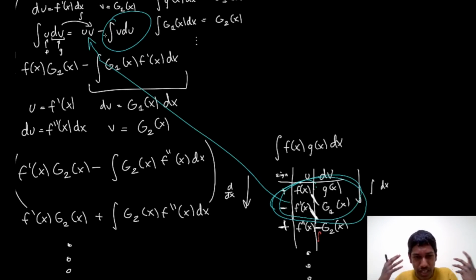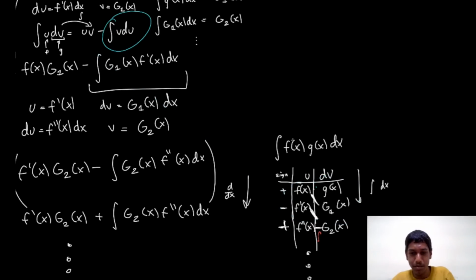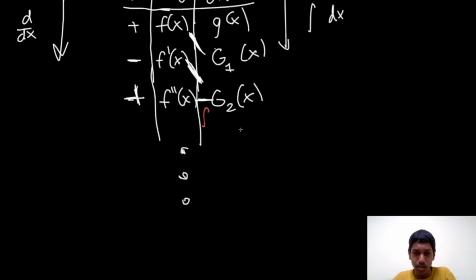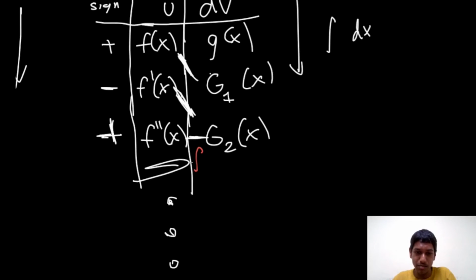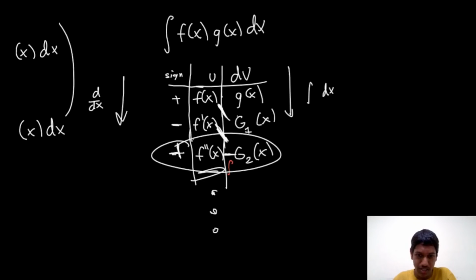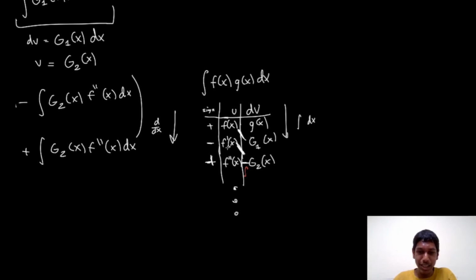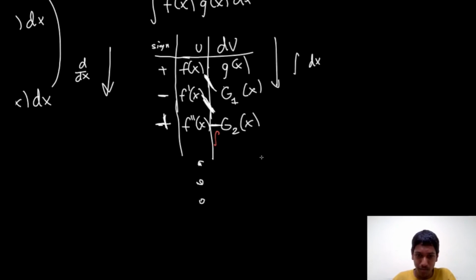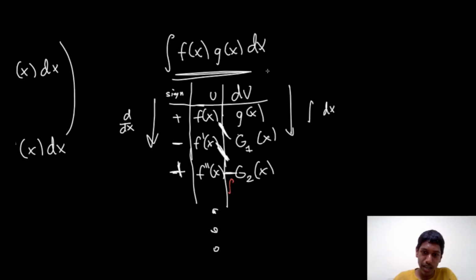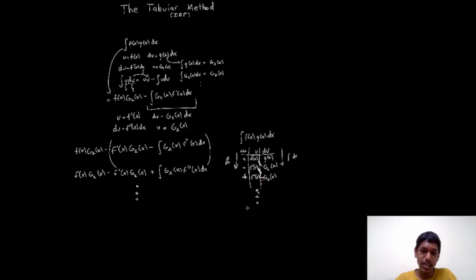They're the UVs in previous iterations of IBP. So you integrate at the bottom, and you also have to consider the sign when you're doing that. With this table, you can quickly write down an IBP expression depending on whether you want to use it once or twice or even 3 times, or you could go on more times.